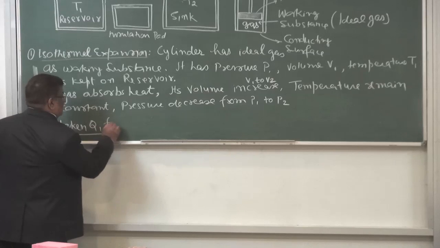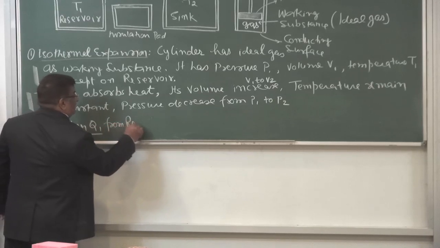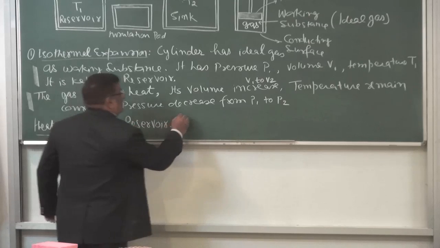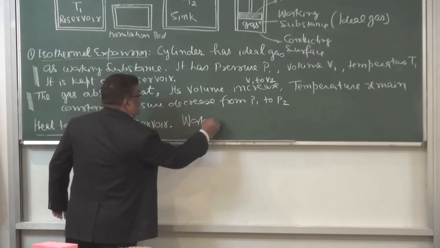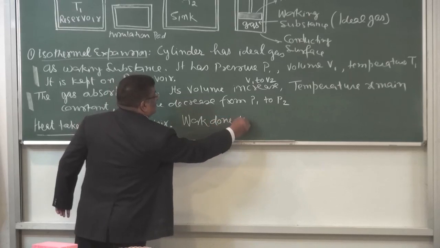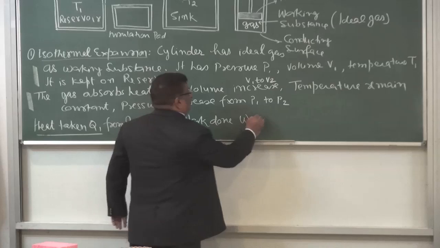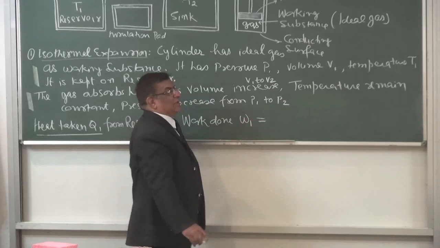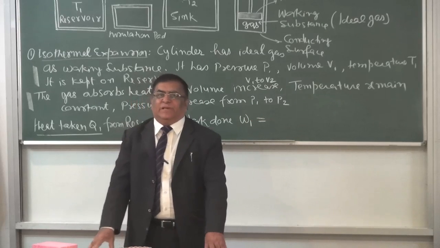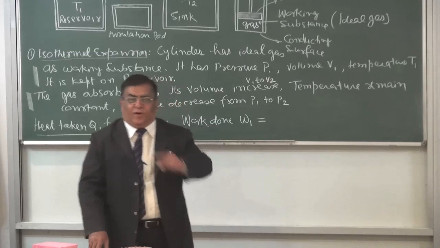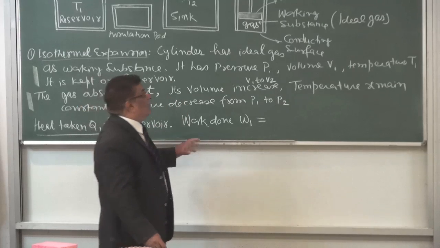Work done. Let's call this work done in step number 1, W1. This is an isothermal expansion, so there is no change in temperature, there is a change in volume, and we have already derived an expression for work.